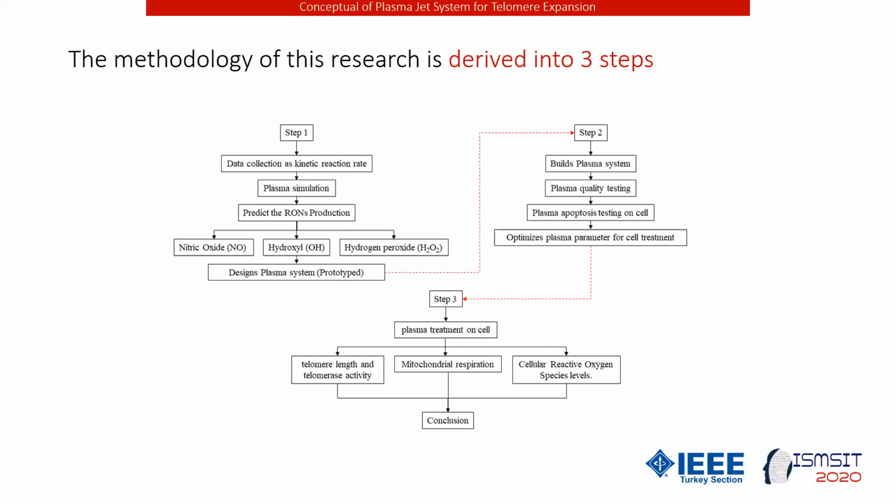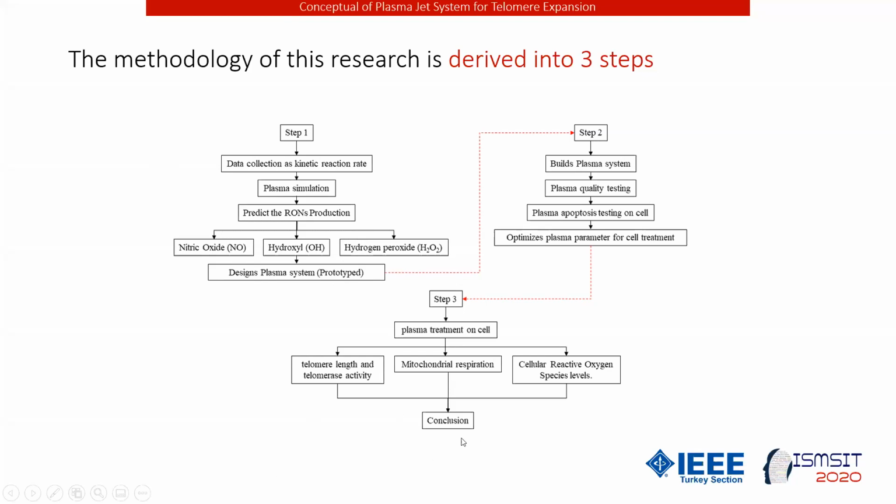The methodology of this research is derived into 3 steps presented in this picture. The first step is data collection and using COMSOL simulation to predict the concentration of the ROS and NS species. Next is step 2. I will use the parameters from this step in the next step to build the real system of plasma machine and use the plasma machine to discharge on the fibroblast cell.